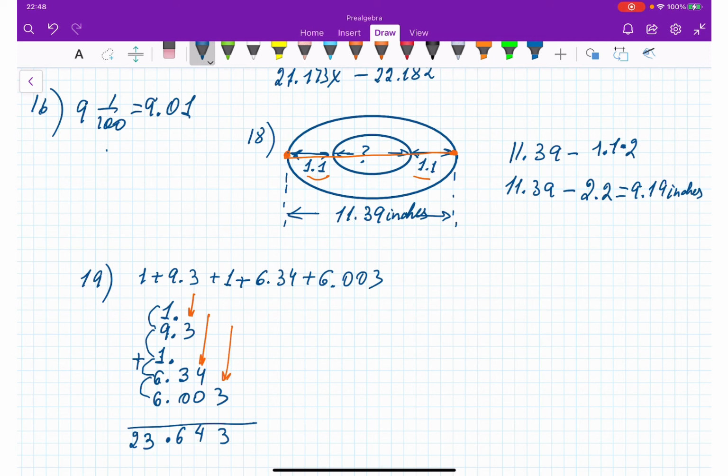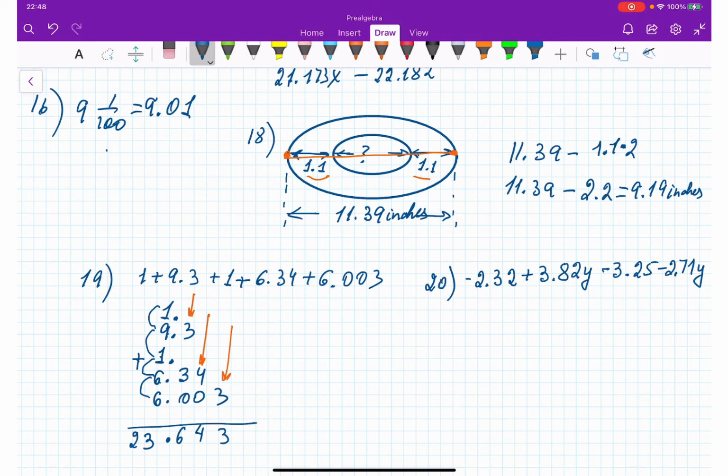We have negative 2.32 plus 3.82y minus 3.25 and minus 2.71y.